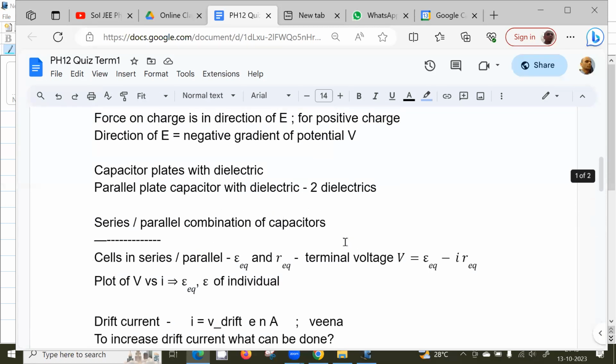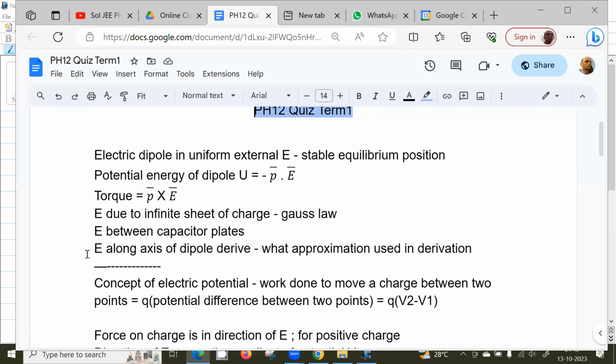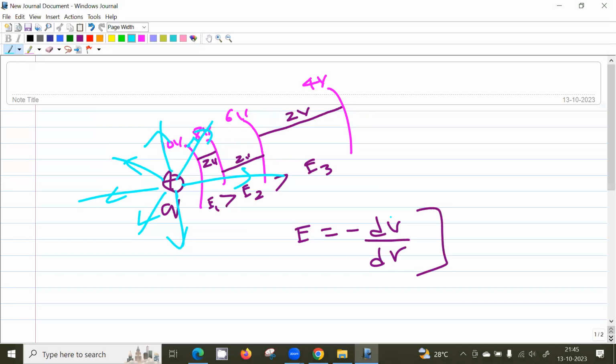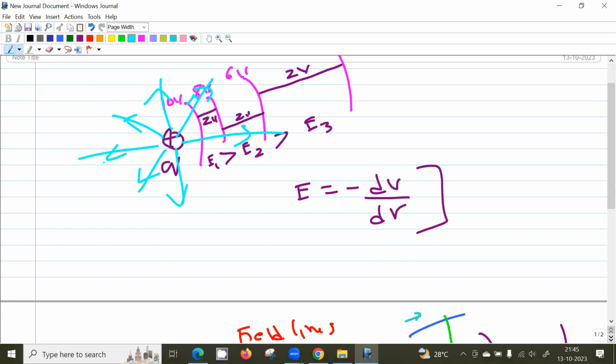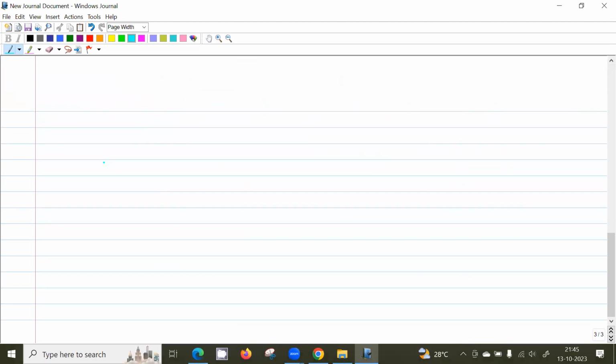The latest one I added is this one, electric field along the axis of a dipole. You have to derive it, okay, and the approximation that we use is that the dipole is small, in the sense that the size of the dipole is small compared to the distance at which I'm finding the electric field or potential. So this is a dipole, minus q and plus q.